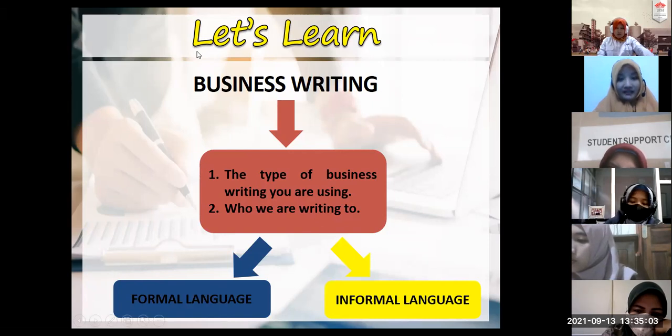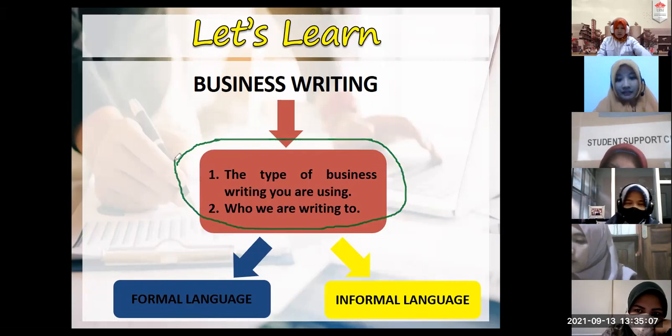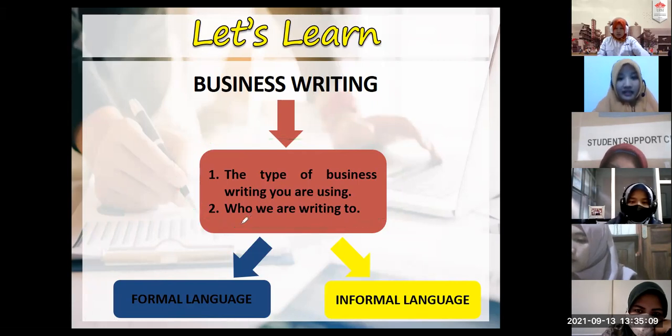It depends on the type of business writing you are using: is it email, memos, or letters? And I think this is the most important one, who we are writing to. So if you want to make a formal letter, formal email or formal memo using formal language, who are you going to write to?